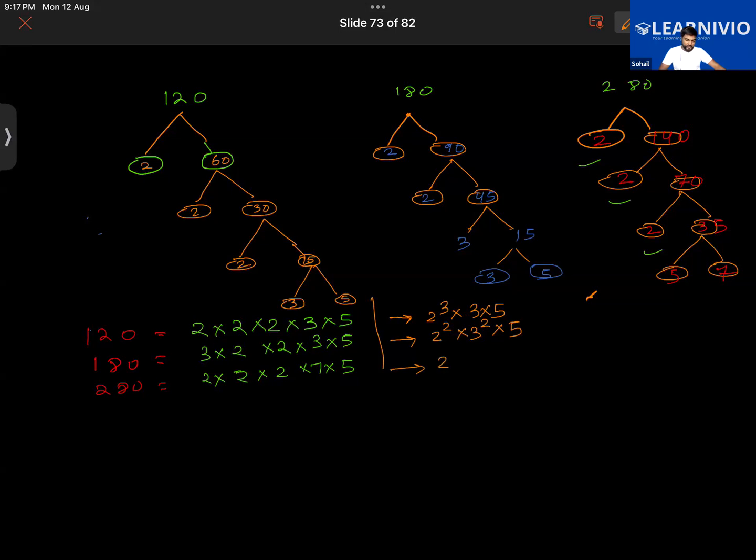Here 2 will be, you tell me, there are 3 2s. So what should I write, 2 square or 2 cube? 2 cube. Then 7 multiplied with 5.